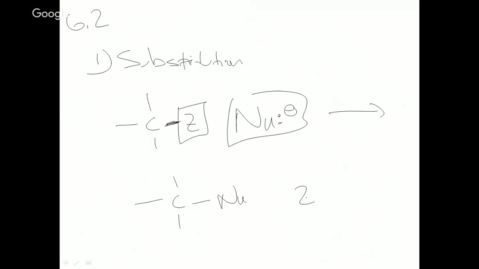That part is very straightforward. The how is not as straightforward. But substitution. And again, remember, in principle, this reaction can go in the opposite sense. There's other types of substitutions, but this is an intro to substitution. So number 2, elimination. We're going to talk about substitution and elimination in chapter 7.